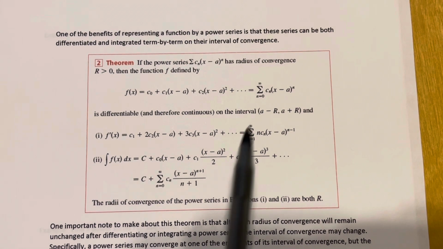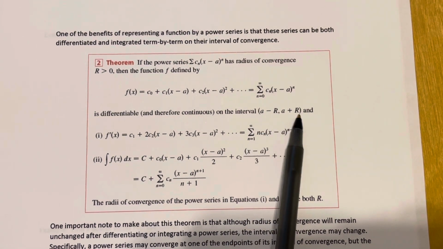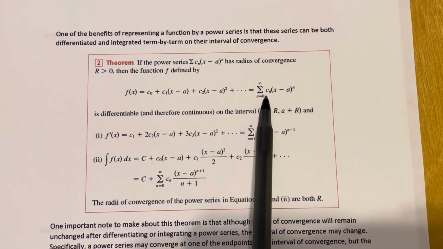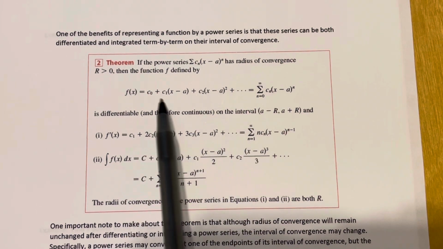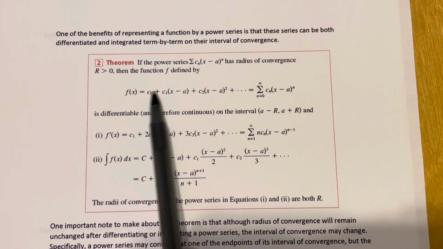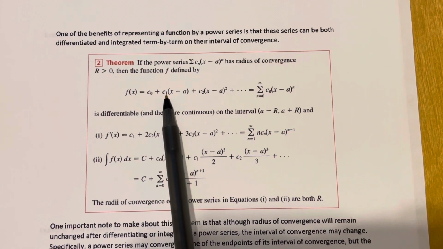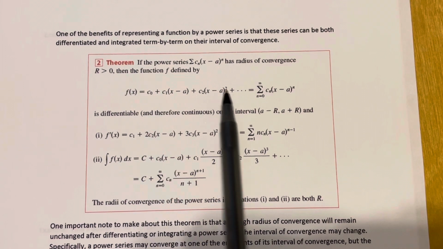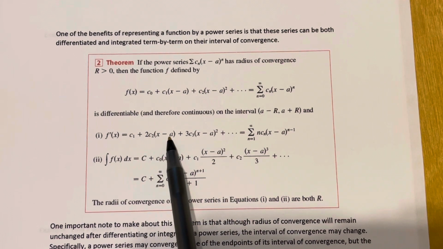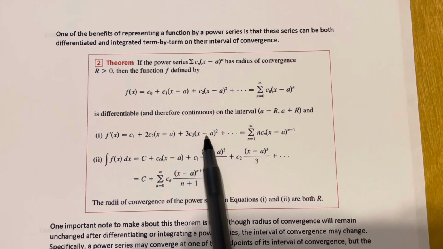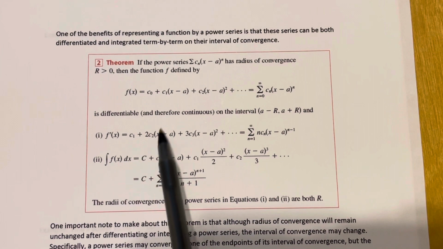As long as we're operating on the interval of convergence for that power series, you can differentiate a power series as if it were a polynomial. So in other words, this constant term goes away. This c1, when I differentiate, is all that's left here. When I differentiate this term, the 2 comes down: 2 times c2 times x minus a, using the power rule. And then 3 times c3 times x minus a squared. You notice I'm applying the power rule to all of these terms here.